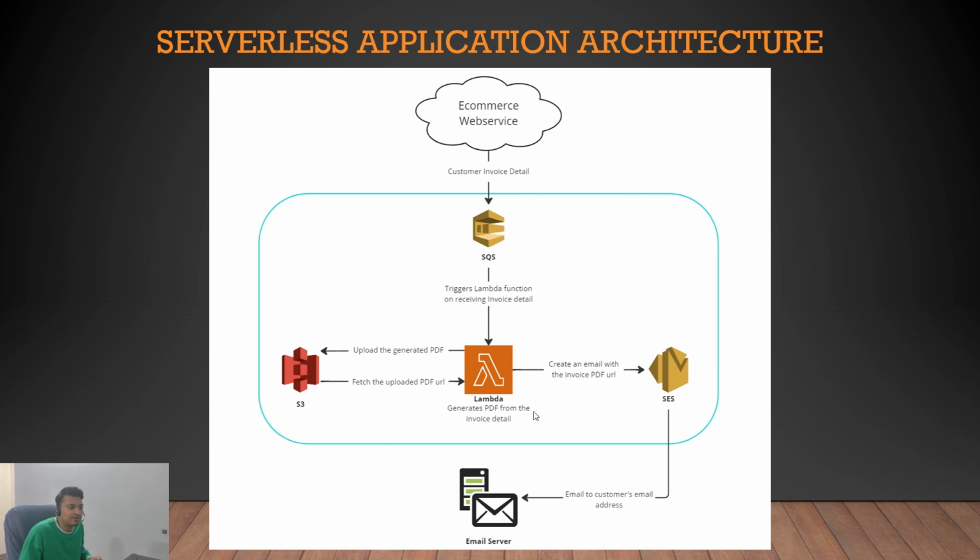After fetching the URL, we create an email with that PDF URL, and then we have to send that email to the customer. To send email, AWS provides a service called SES, the simple email service. SES is not a mail server as such.